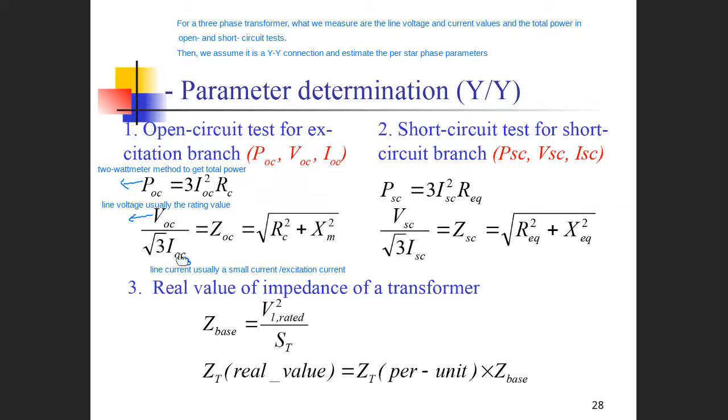in the star connection, the line voltage over root 3 is the phase voltage, and the line current is the phase current. So the open circuit voltage over root 3 is the phase value, and dividing it by the phase current gives the per phase impedance. This is dominated by the excitation branch.